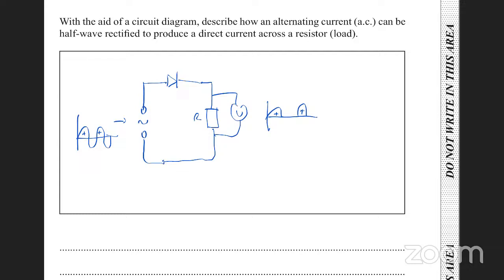You have to write it. When it is reverse bias during the negative part of the cycle, it does not conduct.